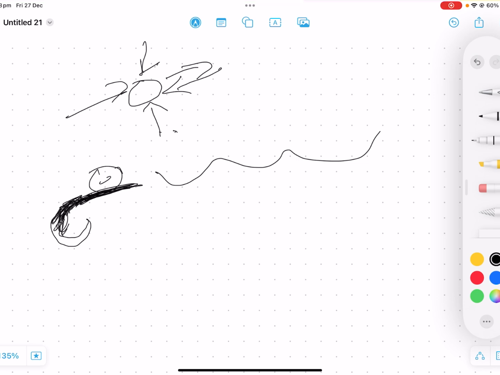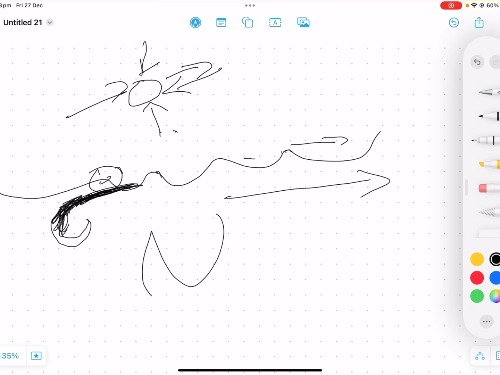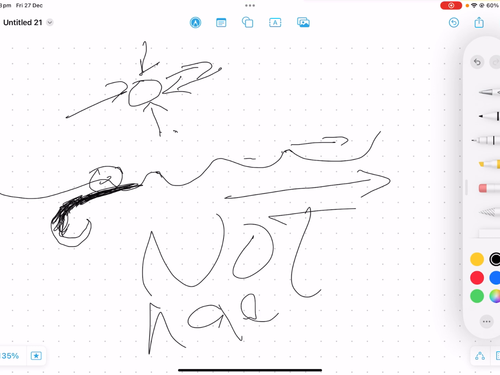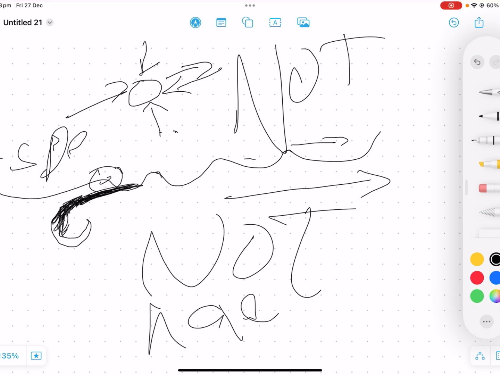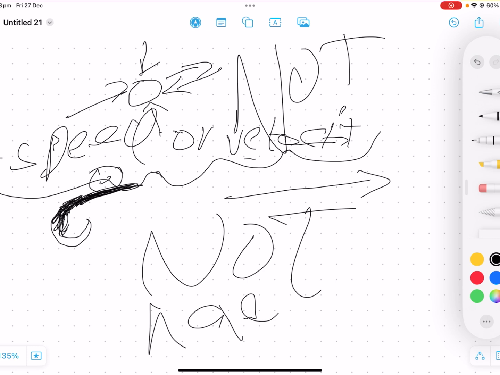A wave, you know which way it's going and how fast it's going by how fast the wave tips move, but you do not know its exact position, because a wave does not have an exact position, and a particle does not have speed or velocity. That's literally Heisenberg's uncertainty principle.